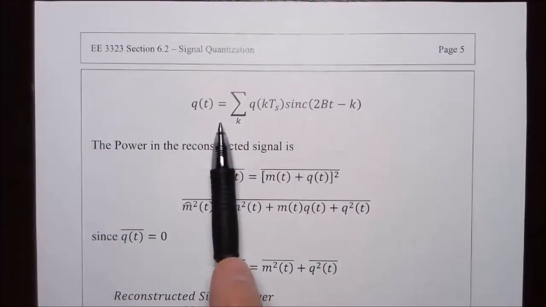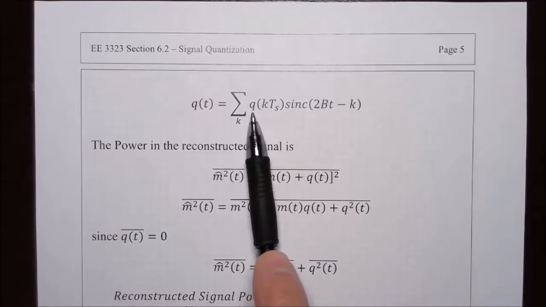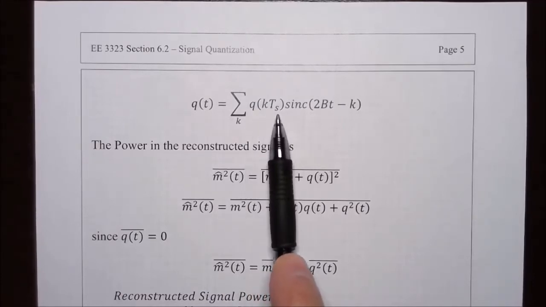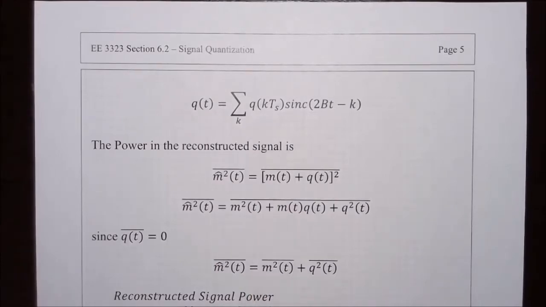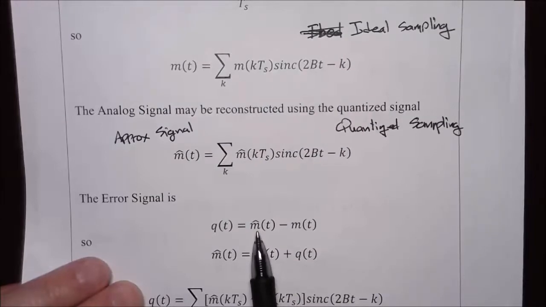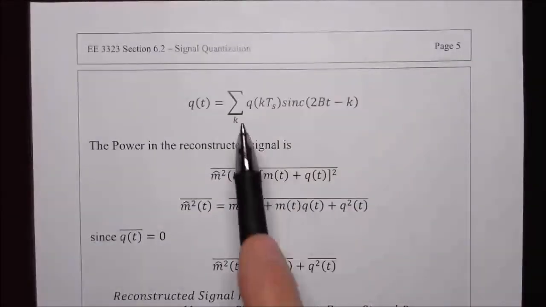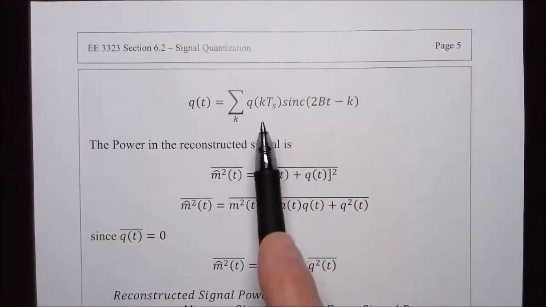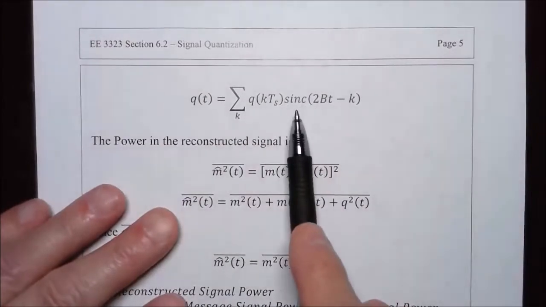So the error signal is a summation over index number k of the error for each of the signal samples. This q is the approximate sampled value minus the ideal sampled value. That gives us the error for each sample, and that multiplies our shifted sinc functions.